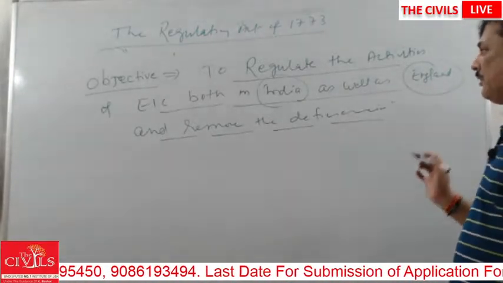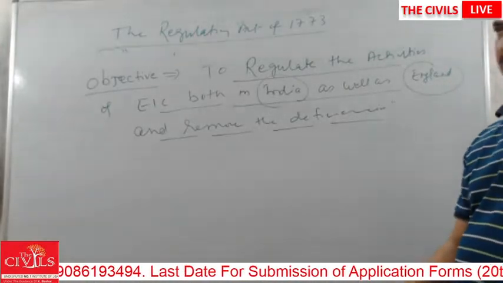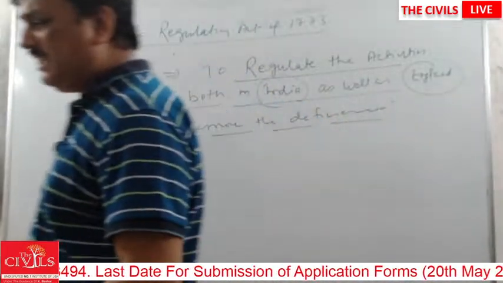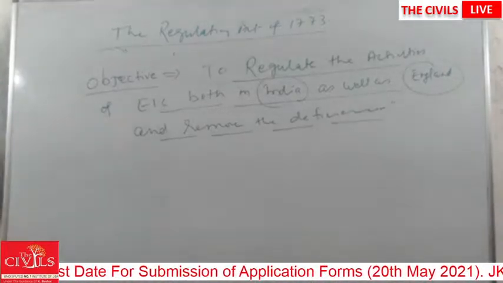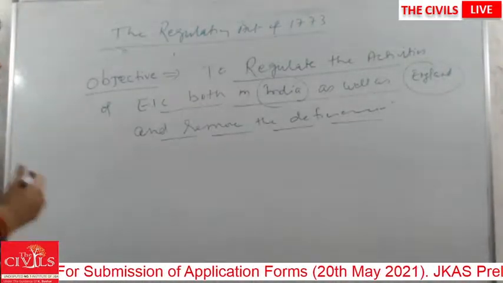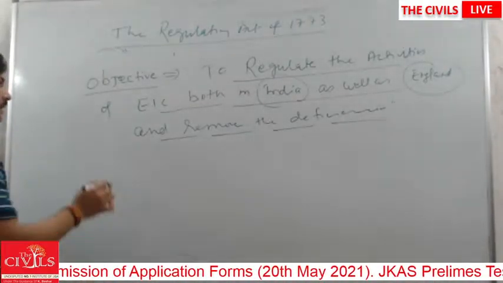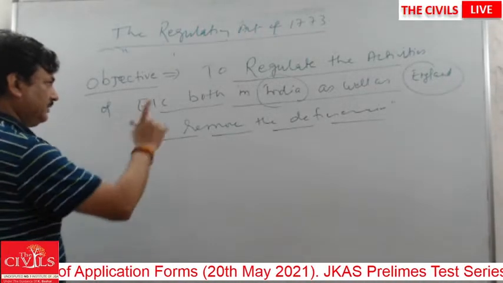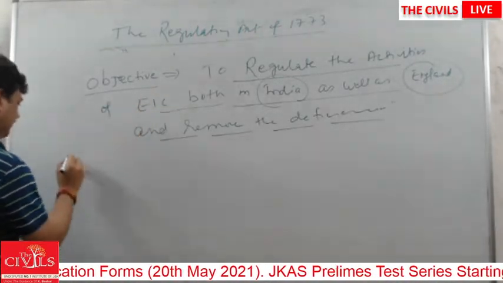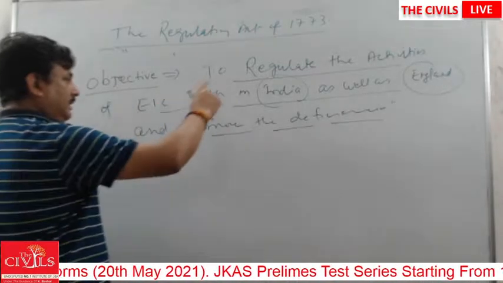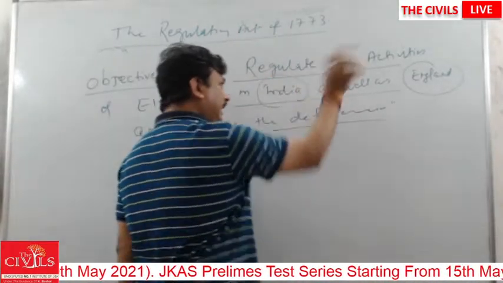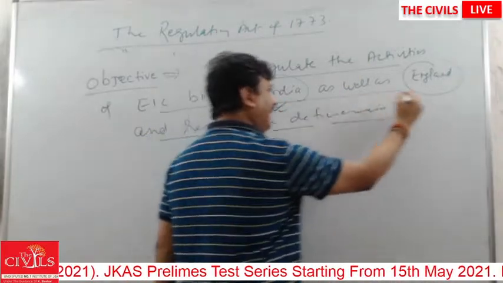First is the provision related to England, the provision related to the company's government in Britain or England. So this is the objective: to regulate the activities in India and in England.